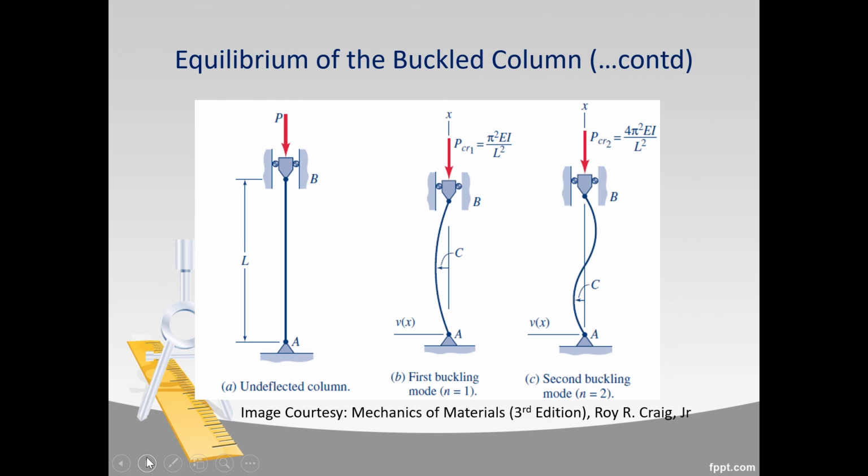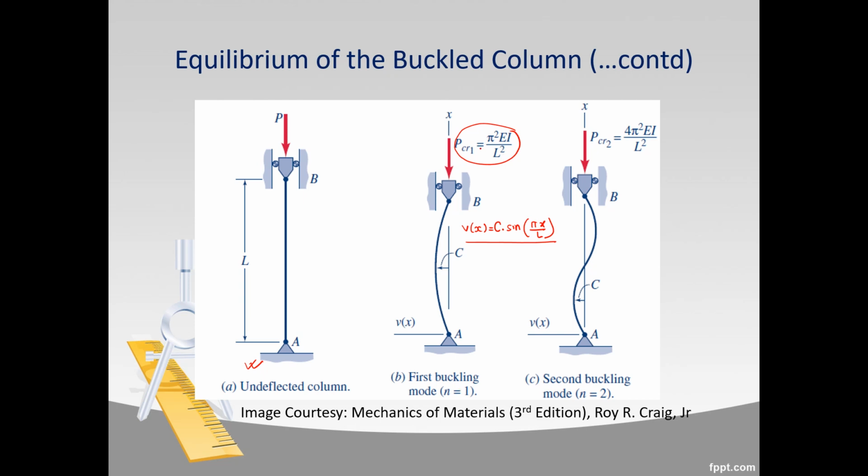Now you can see here what we were discussing previously about the mode shape or the deflected shape or the buckling mode. So this is our undeflected column. If we have applied the load up to this value PCR1, that is our critical load, pi square EI by L square, we saw that our deflected shape was given by C into sine pi x over L. So this is our first buckling mode, n equals 1.